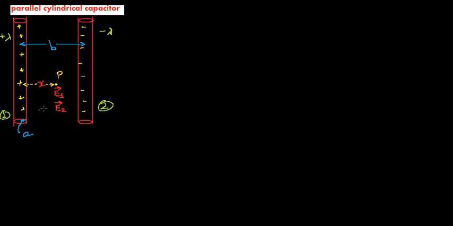Electric field between these, we can apply Gauss's law here, meaning the electric field will be uniform. So the integration of the electric field over the surface area will be equal to Q, the total charge inside, divided by epsilon naught.